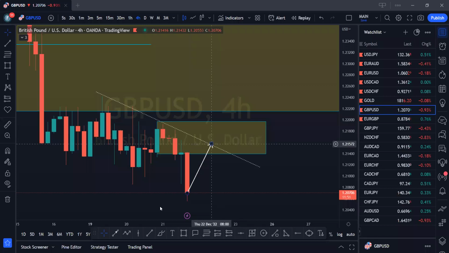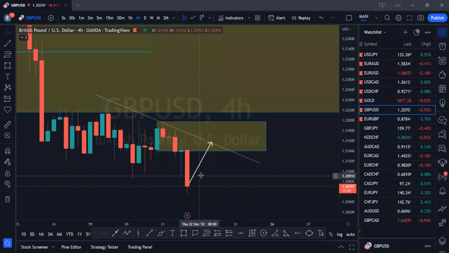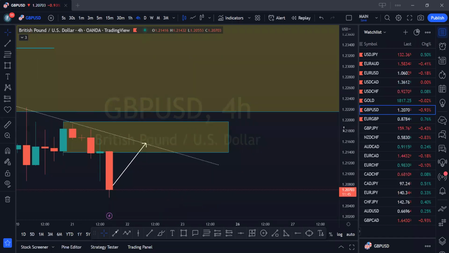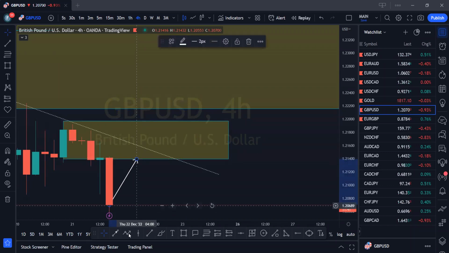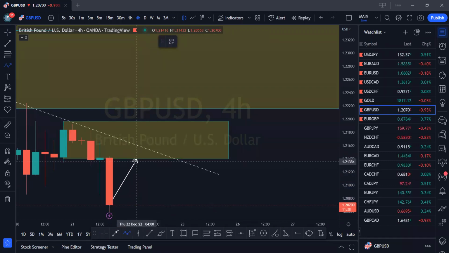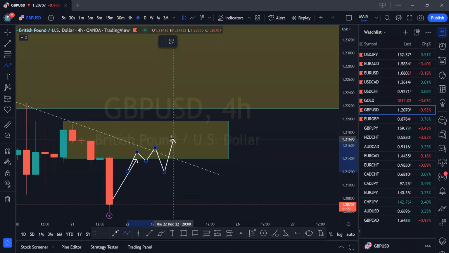So what I'm saying is that when price retraces into the zone, on lower time frame you see something like this. And people would think that price is going down like this, and then eventually you want price to still come back up and take out liquidity in this zone.